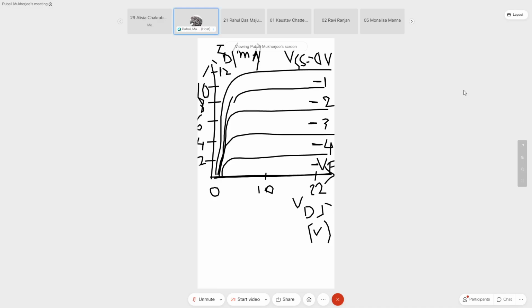Okay, so how do we get the pinch off voltage? That is from this point where the curve starts saturating.